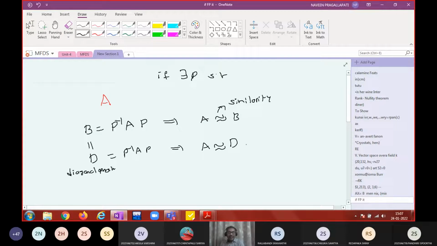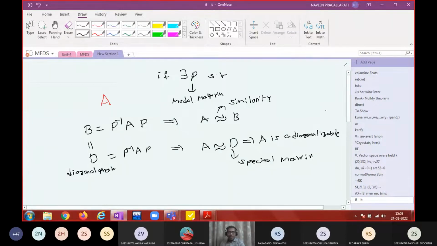Whenever A is similar to a diagonal matrix, we say A is diagonalizable. In that case, D is called the spectral matrix, and P is called the modal matrix.